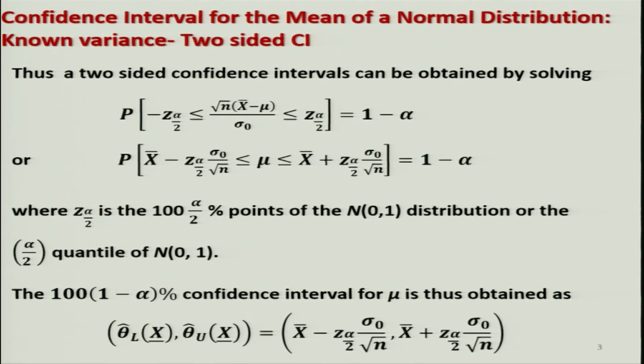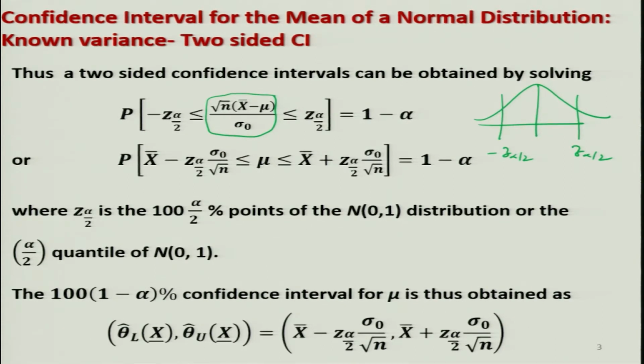Using this vital quantity whose distribution is normal 0, 1, we need to find that square root of n times (x bar minus mu) divided by sigma 0 lies between minus z alpha by 2 and plus z alpha by 2. All the symbols and notation are now known to you. And the probability of such an event is exactly equal to 1 minus alpha.